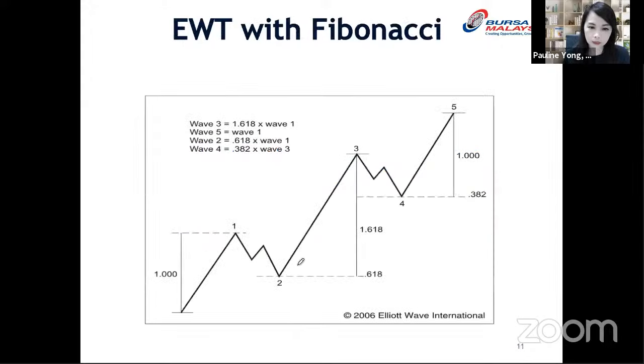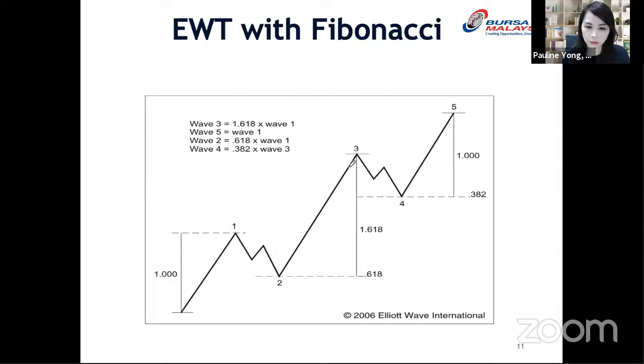So when we measure wave 1, wave 3, and wave 5, we measure the perpendicular height, whereby the swing high is here, and the swing low is here. So we are measuring from the top of this swing high to the bottom of the swing low here.